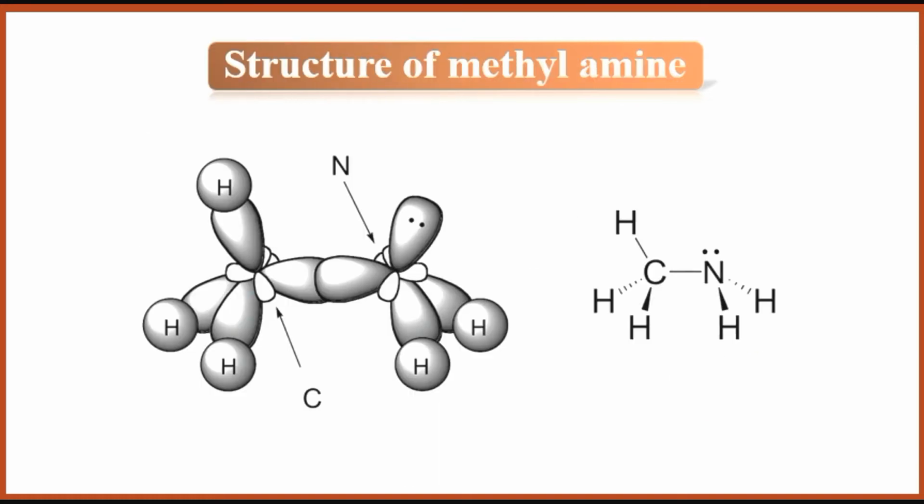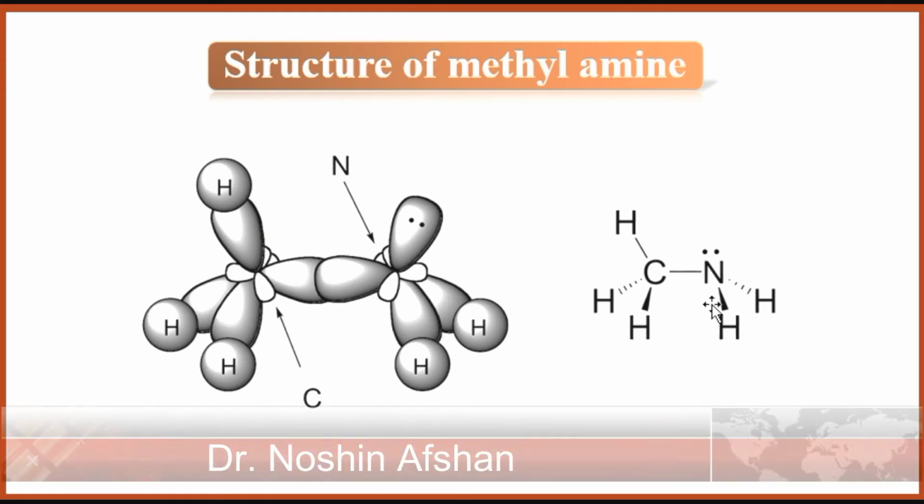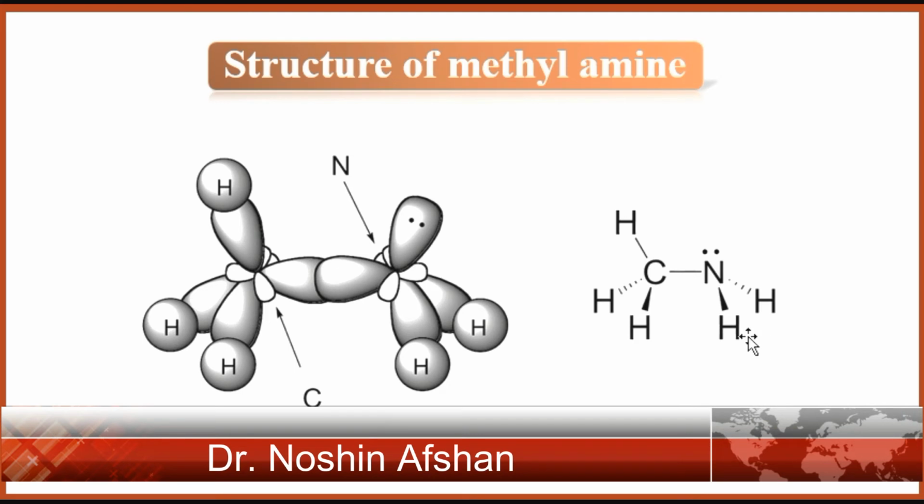Our next structure is methylamine. Here the simple line structure of methylamine is represented, that is CH3 and NH2. Here we will discuss the hybridization at the carbon atom as well as at the nitrogen atom.